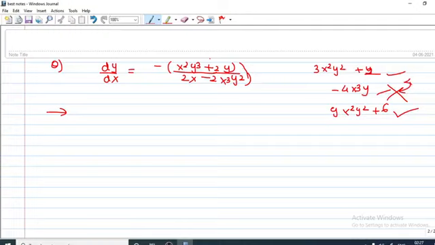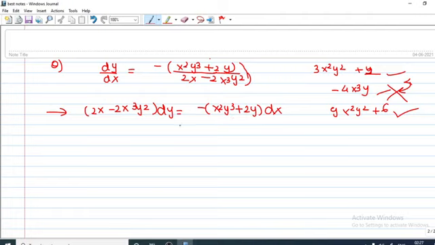Now if I multiply, we are going to get 2x minus 2x cube y square into dy, and here we will get x square y cube plus 2y into dx.